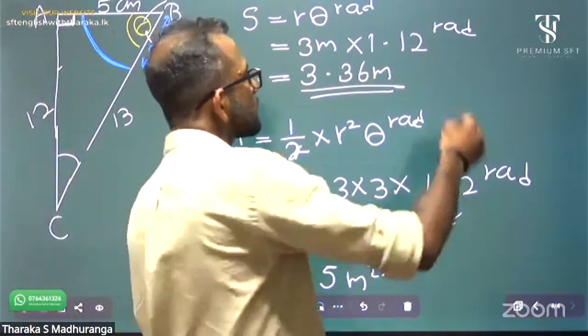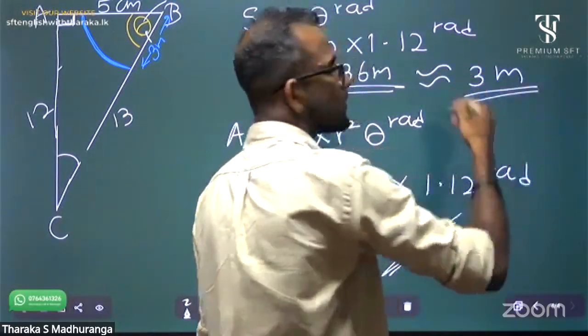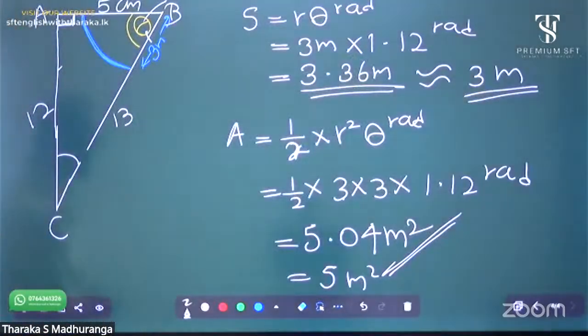Make it convenient: approximate 3 meters to the nearest whole number. 3 meters and 5 square meters.